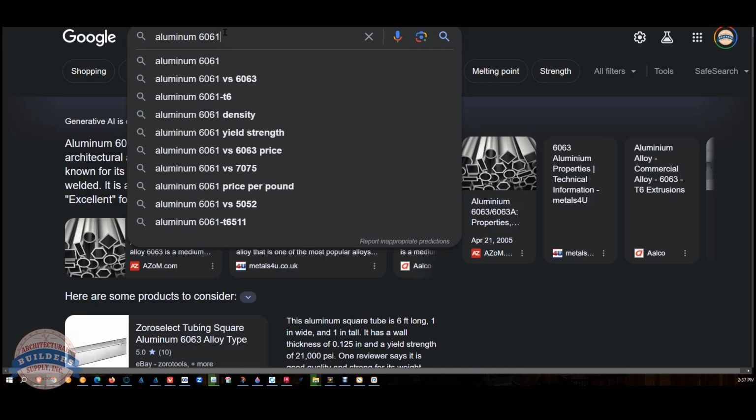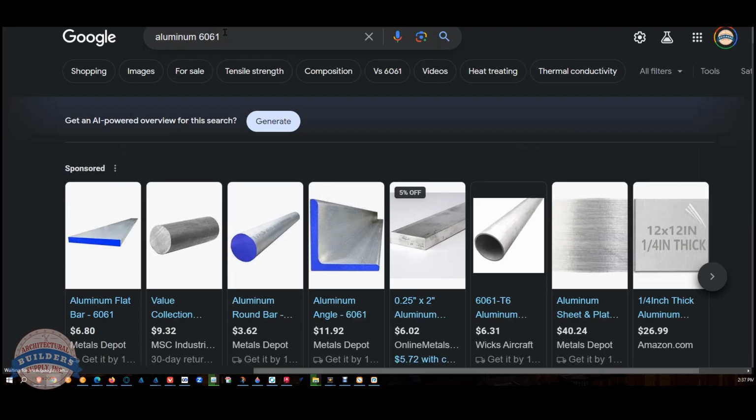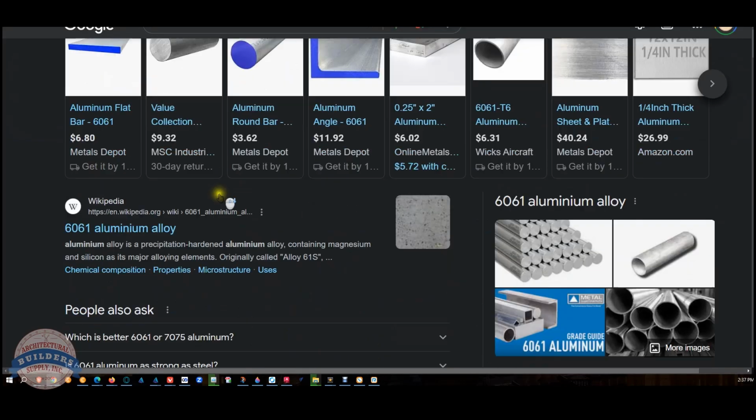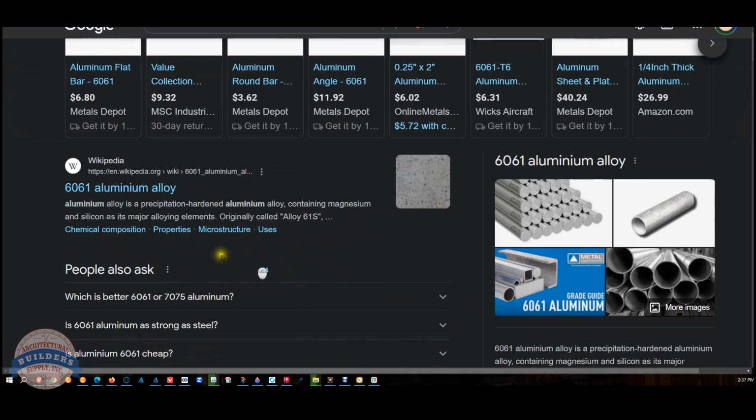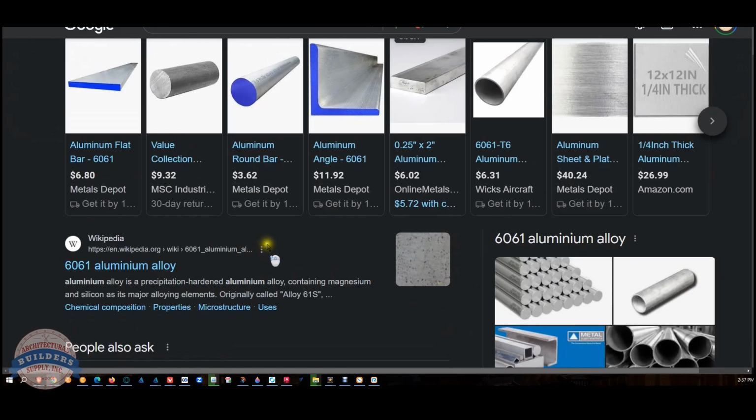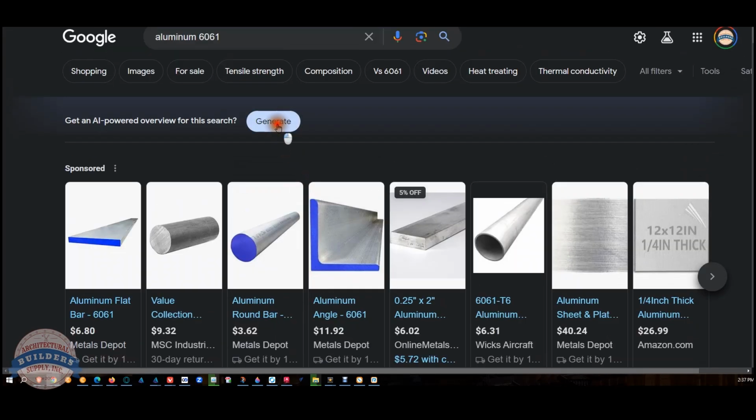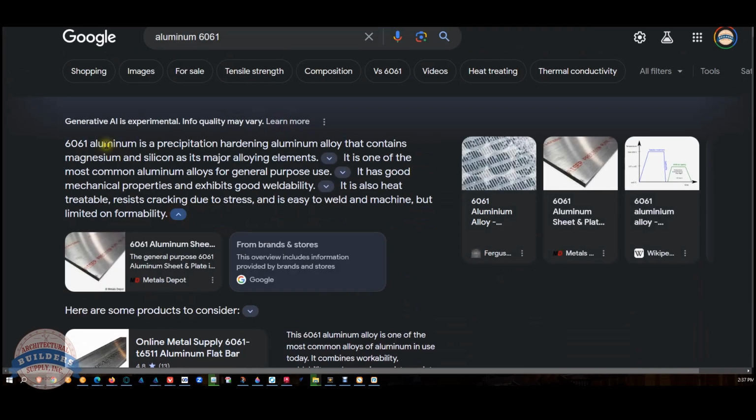Now, 6061 is the alloy that's known for people that are going to work on a CNC machine. And the question becomes, what is 6061? 6061 aluminum is a precipitation hardening aluminum alloy. I don't know what that means. It contains magnesium and silicon as its major alloying elements. It is one of the most common aluminum alloys for general purpose use, with good mechanical properties and good weldability.